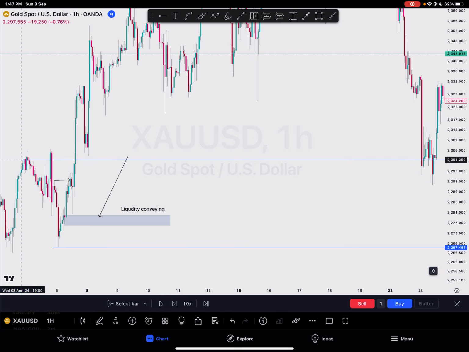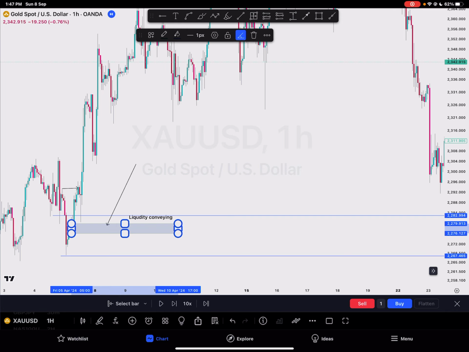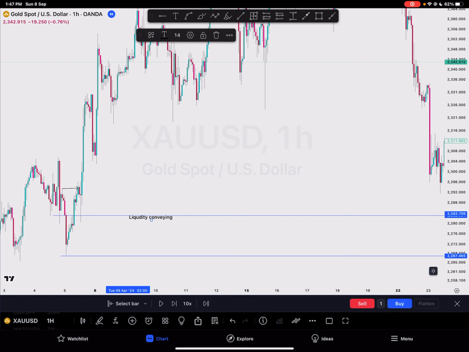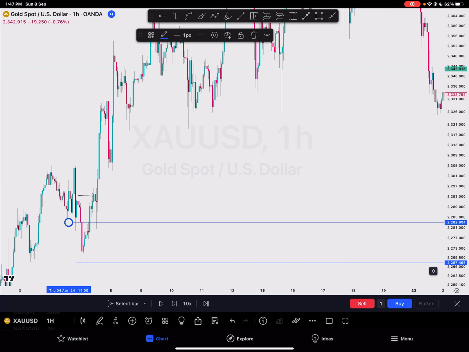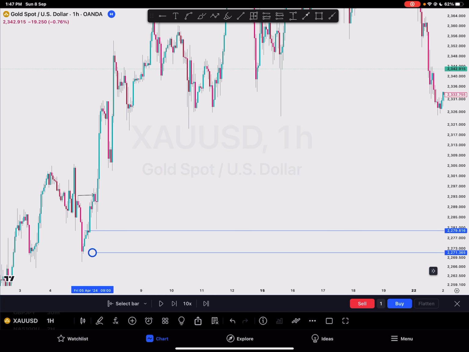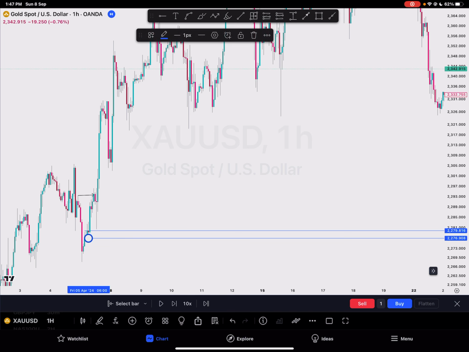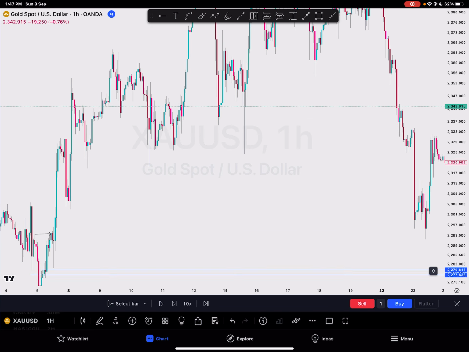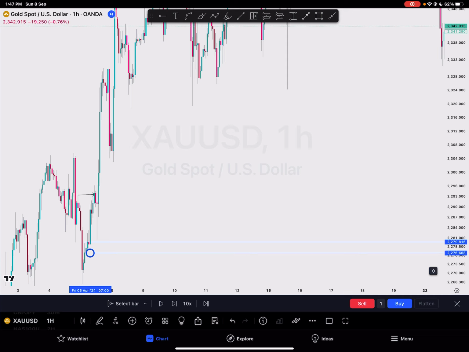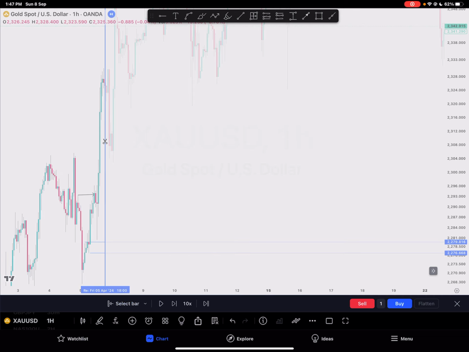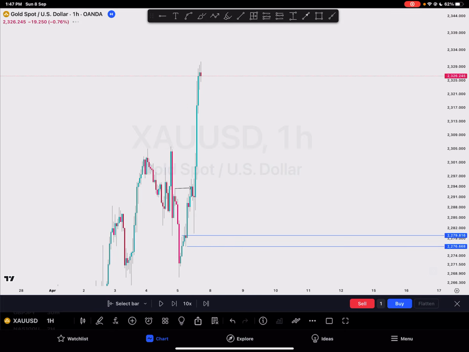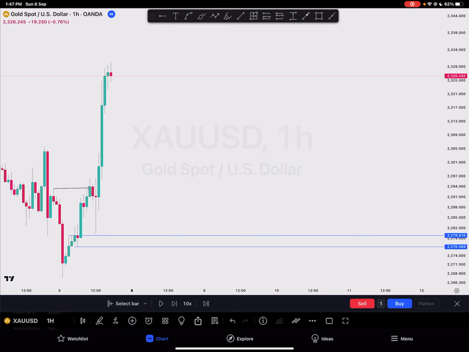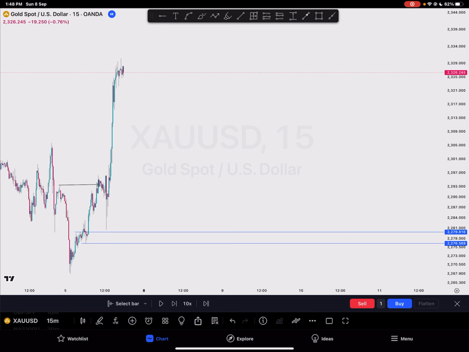So what I did is I came and marked this as the area of liquidity. Let me just remove this. I marked this as the visible area of liquidity, which was also a type of visible area of liquidity from this area here. So I wanted to see price consume that formation because it has been conveyed. So what price did is that price came to consume the lowest liquidity, or came to consume that area of liquidity, the 85% that we always want.